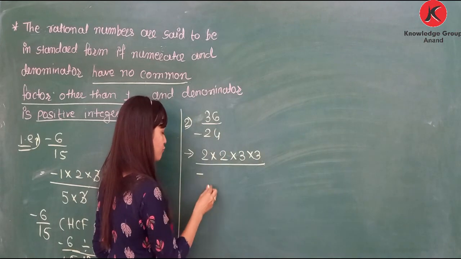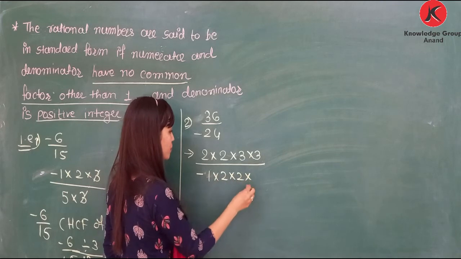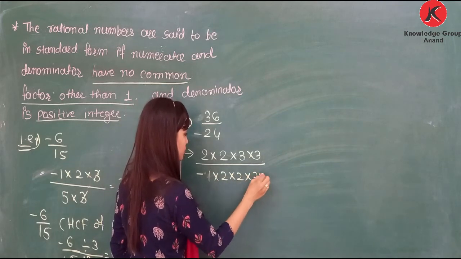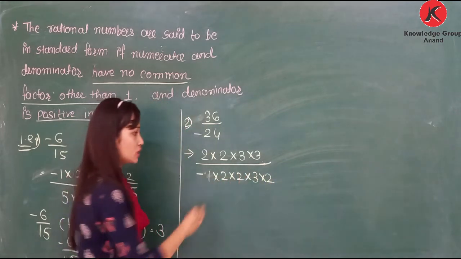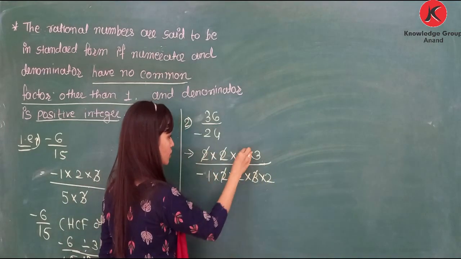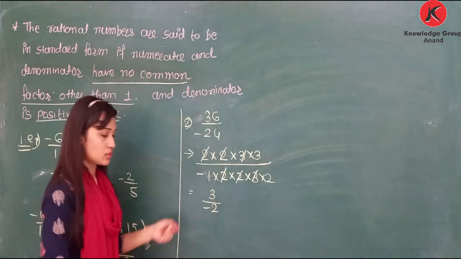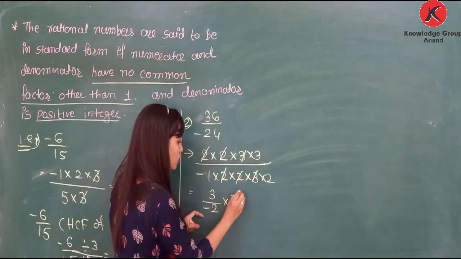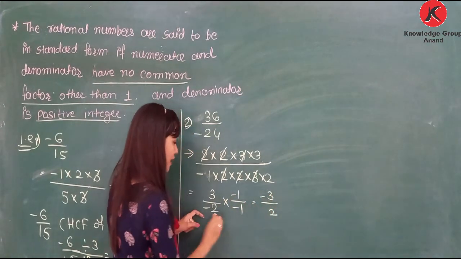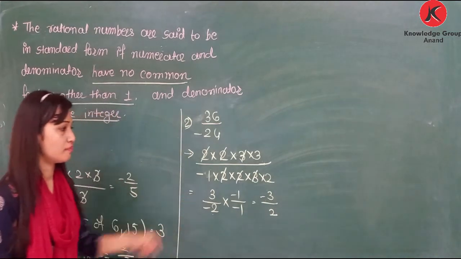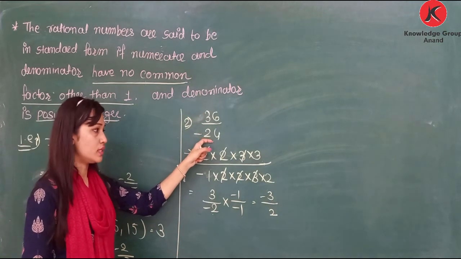The factors of 24 are 2 multiply 2 multiply 2 multiply 3. Cut the common factor. So here we get 3 by minus 2, but this is not in standard form. Multiply the numerator and denominator by minus 1 to make the denominator a positive integer. So minus 3 by 2 is the standard form of 36 by minus 24.